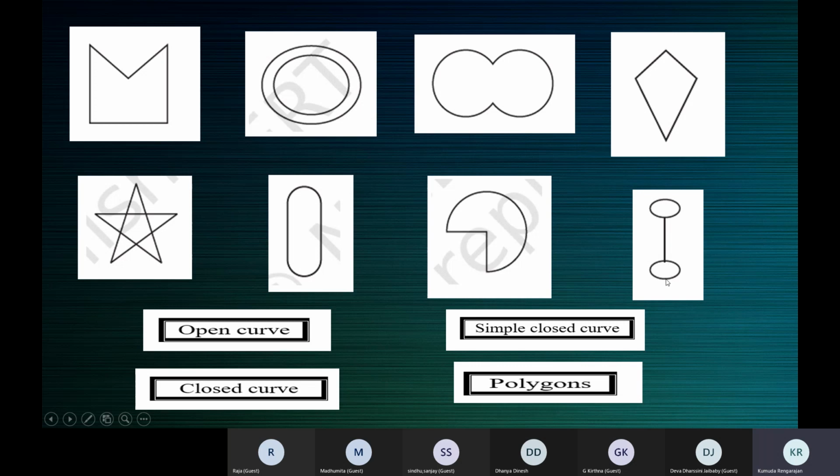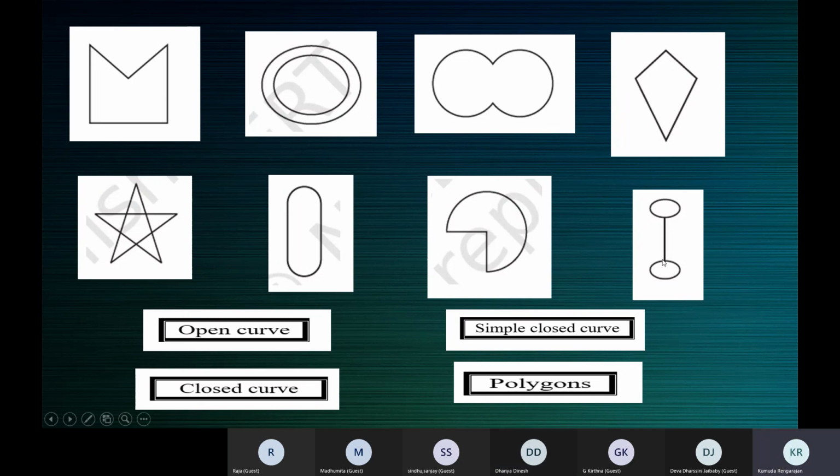Maybe you started from here. The start and end points need not be fixed. But is the start point equal to the end point? No, ma'am. Start point is not equal to the end point.